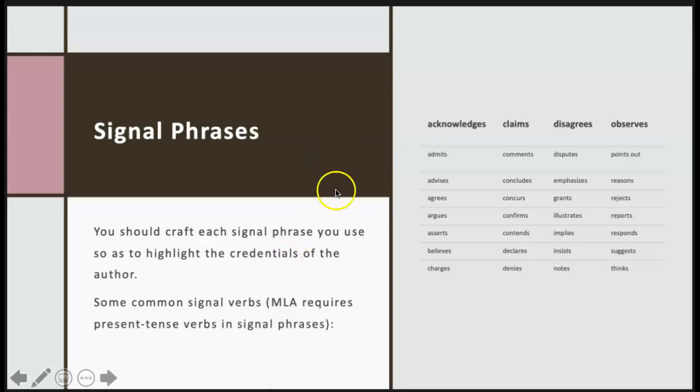So here's a little chart of some different words that you could use to signal some information from a source is coming. So maybe instead of always saying that so-and-so notes this, or they suggest this, or they imply this, you can use some different words: argues, confirms, all kinds of different possibilities. But notice all of these are present tense verbs. You always want to use a present tense verb in a signal phrase.